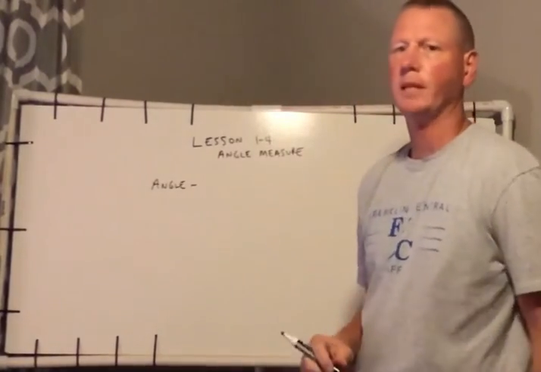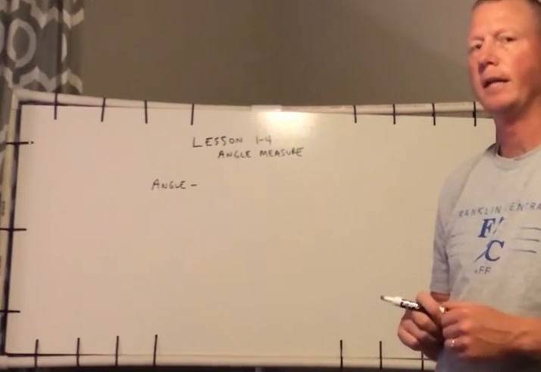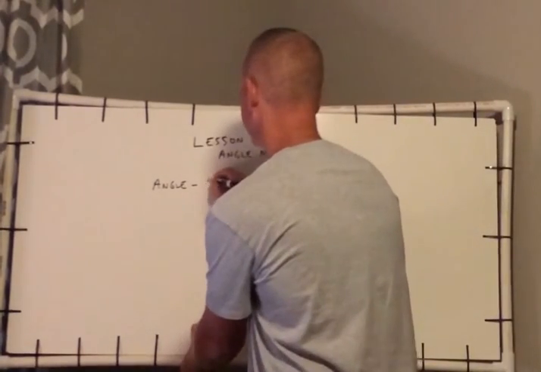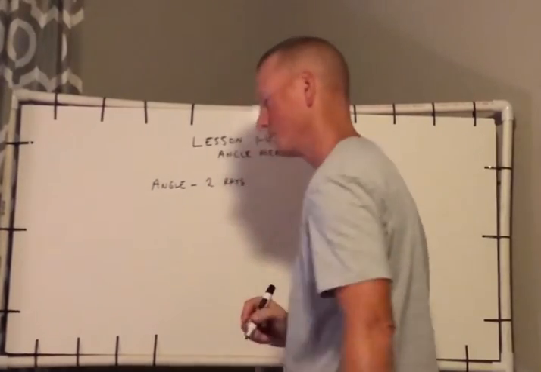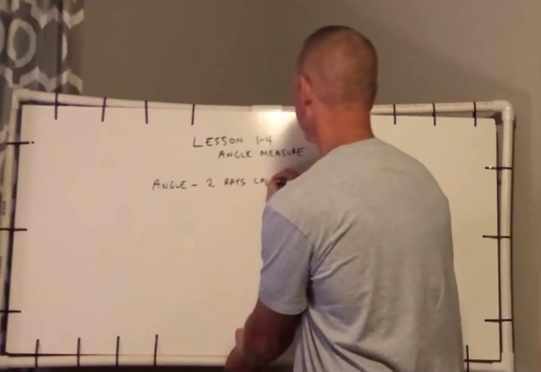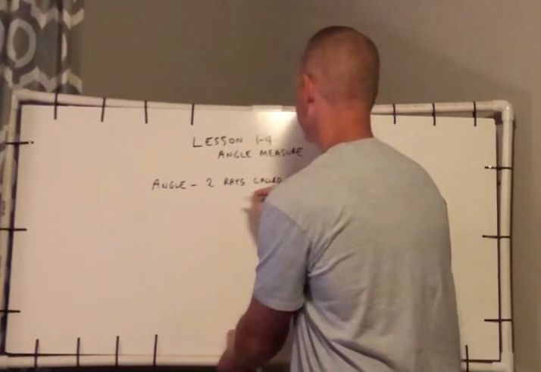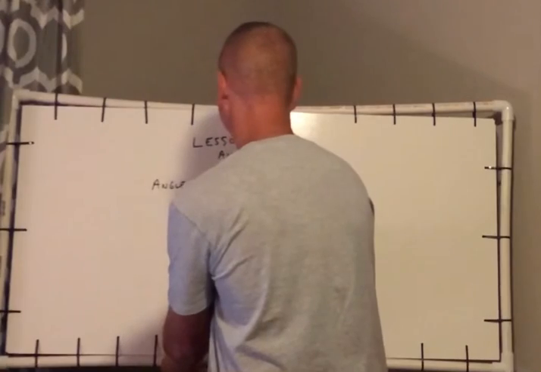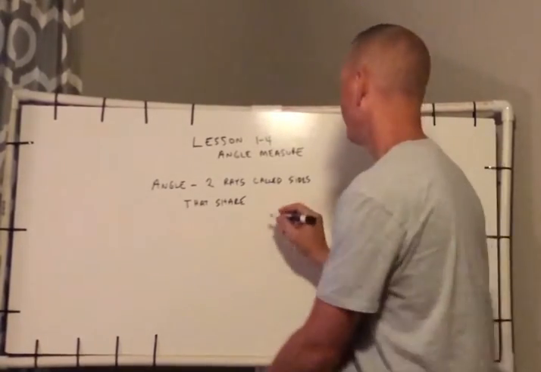Okay, our next term is an angle. We just defined what a ray is. Now let's define an angle. We say an angle is two rays called sides that share a common endpoint called a vertex.